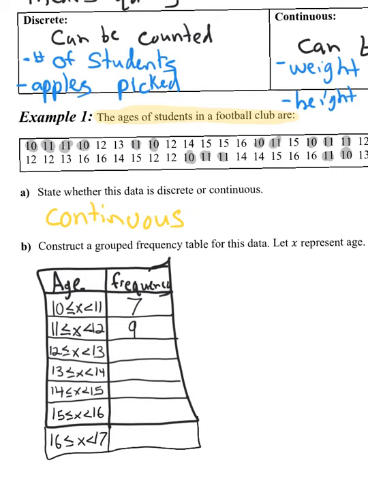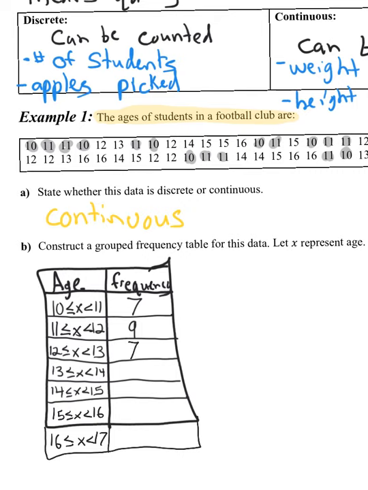All right, so we're doing okay. I see a couple people still look like they're working on it. All right, so Ruby, what did you get for 12 to 13-year-olds? How many did you find? The frequency? Yes. 7.